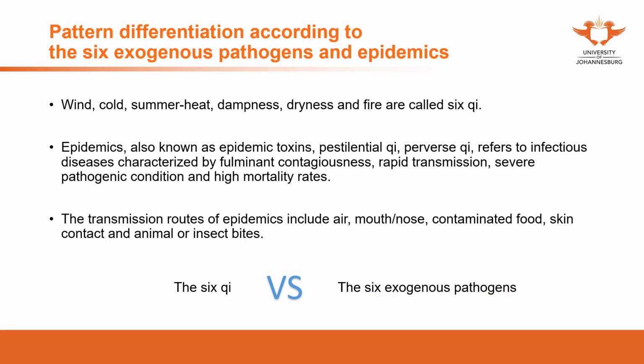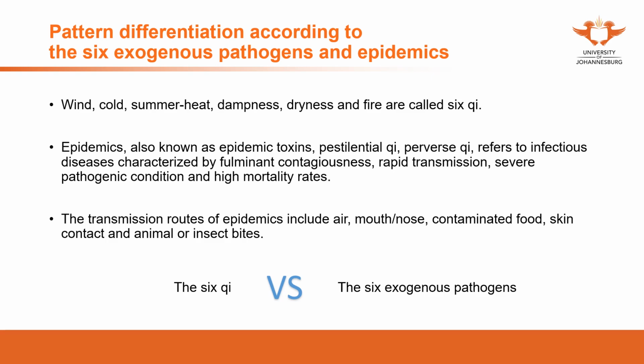Which means these 6 things, wind, cold, summer heat, dampness, dryness, and fire, we can see in our normal environment. Every day in the nature around us, we can feel or see all these aspects in the environment.